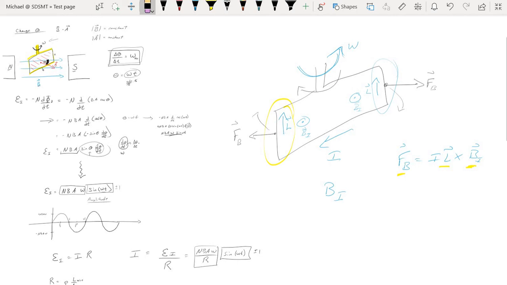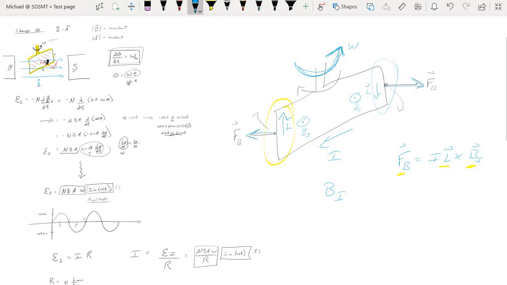Come on, eraser. We can go through and flip over all of our L vectors. But keep in mind that even though the current has flipped over, the coil itself is still rotating in the original direction. And so we need to maintain the same direction of magnetic force.